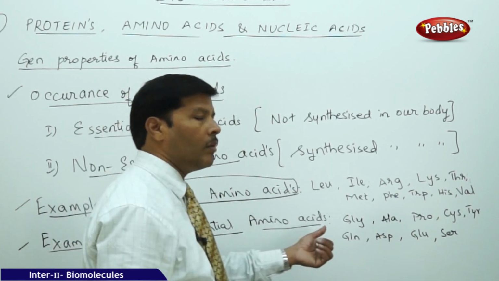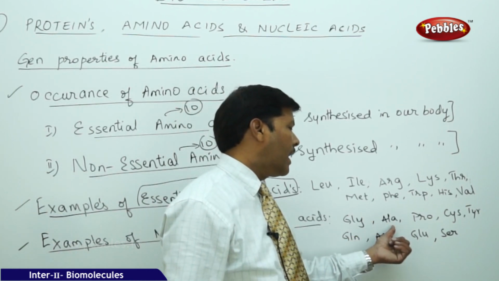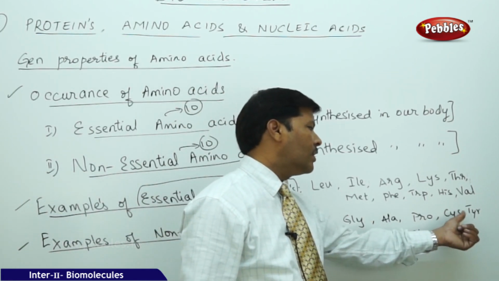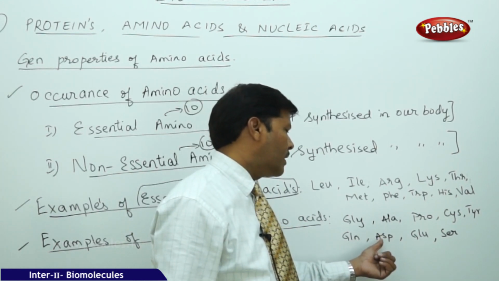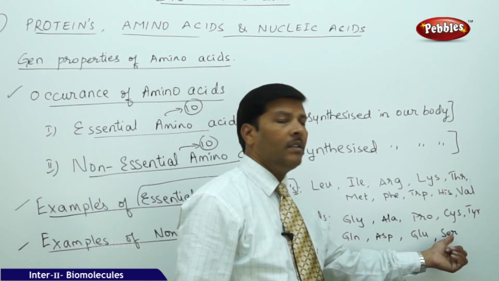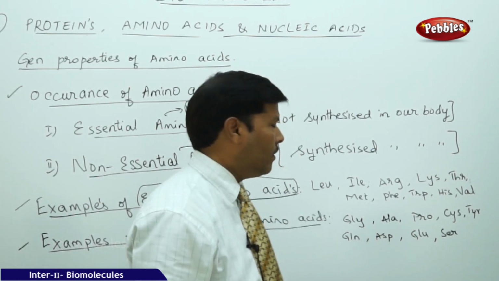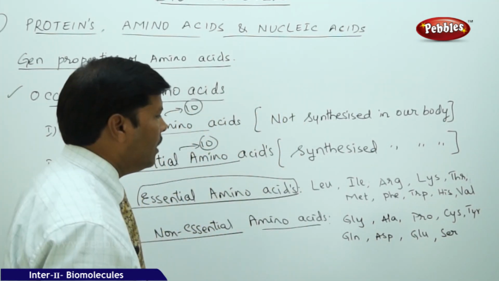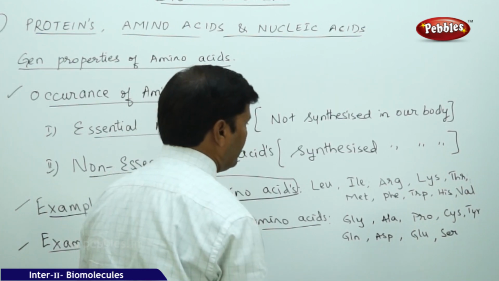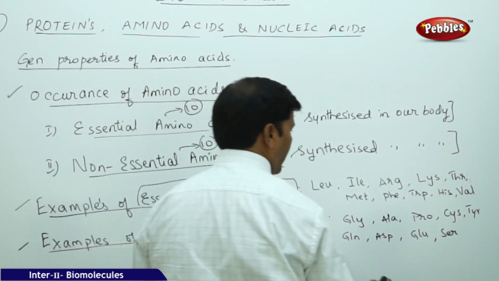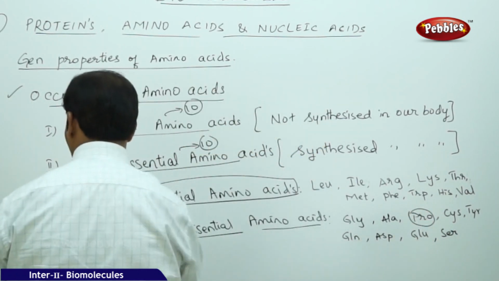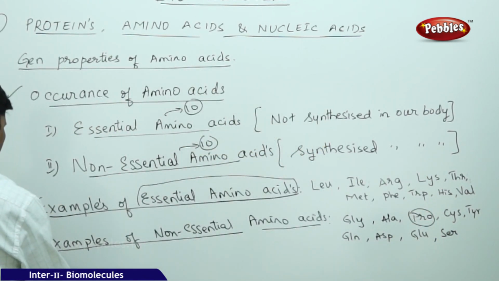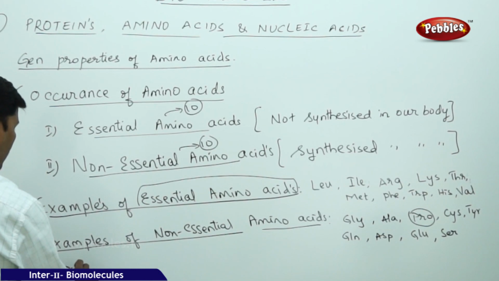The non-essential amino acids are glycine, alanine, proline, cysteine, tyrosine, glutamine, asparagine, glutamic acid, and serine. Among all of these, PRO is exceptional.